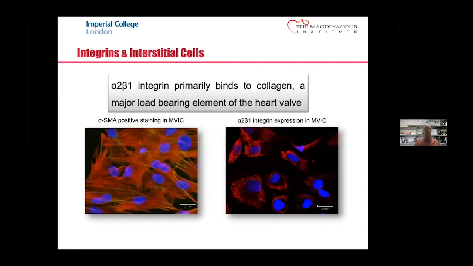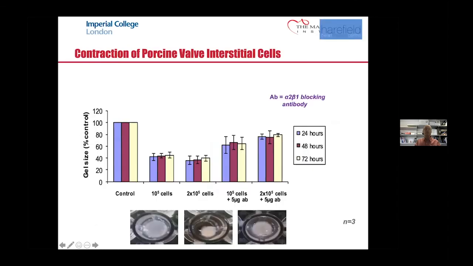And we focused some studies on the alpha-2 beta-1 integrin, since this is primarily the collagen binding integrin in heart valves. And we could see here expression of that integrin in this fluorescent picture compared to expression of smooth muscle alpha actin. And we looked at the role of this integrin in mediating contraction of collagen gels.